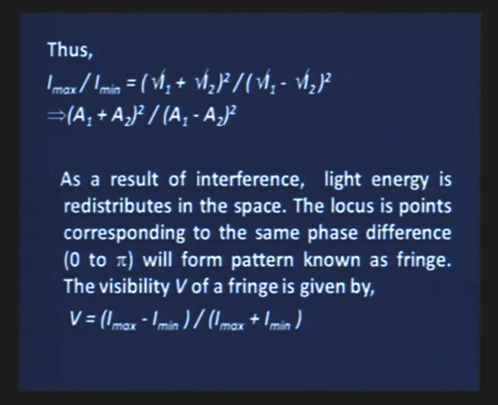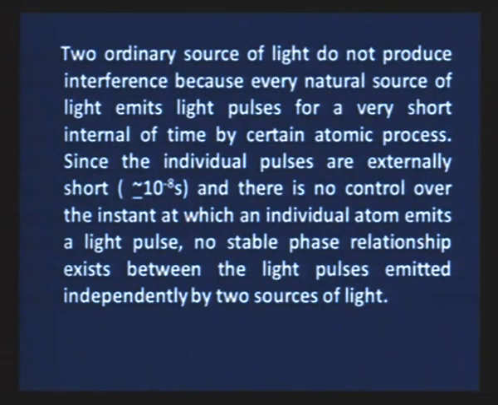Sir, can all sources of light produce interference? No, that interference will not be sustained interference. So, to have sustained interference, the sources required must be coherent, and ordinary sources of light do not produce interference because every natural source of light emits light pulses for a very short interval of time, and this interval of time may be 10 raised to the power minus 8 second.